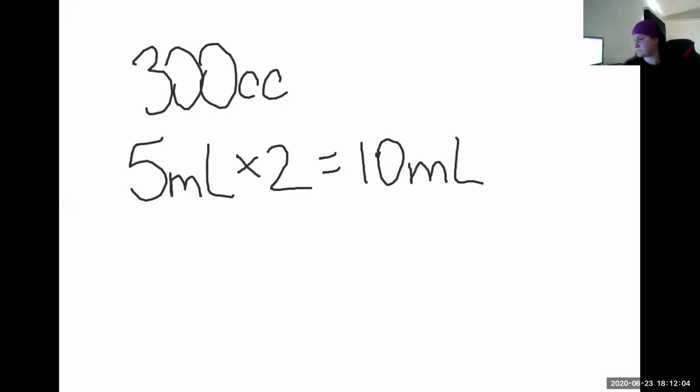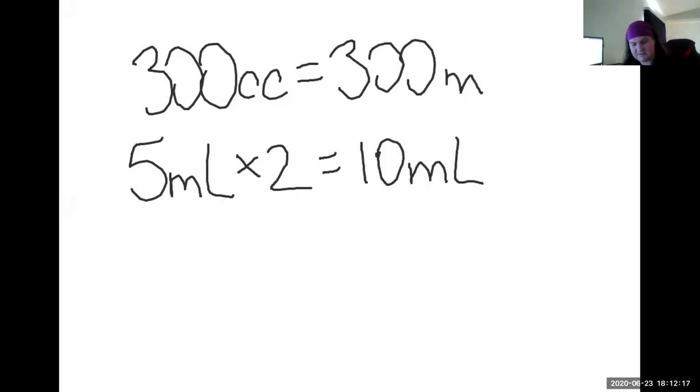Well, we need to know how many days the bottle is going to last. Well, 300 cc's is equal to 300 mLs, because a cc is equal to a milliliter, they're the same.